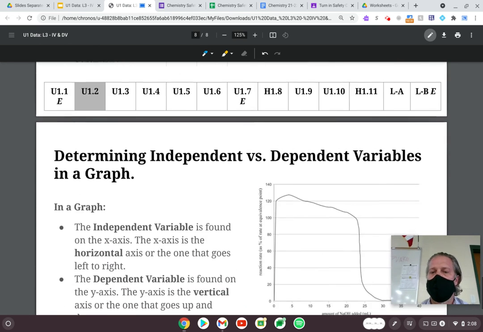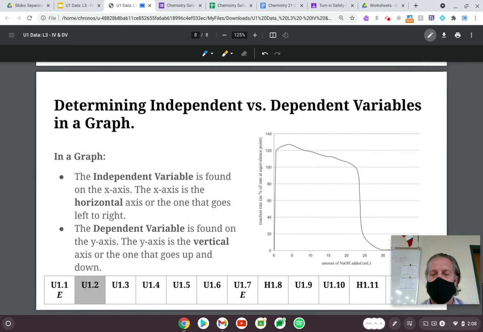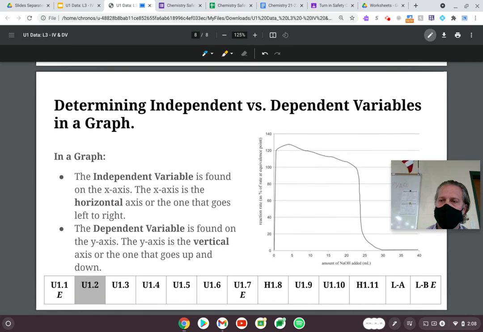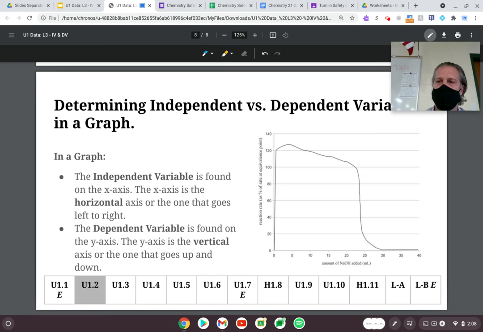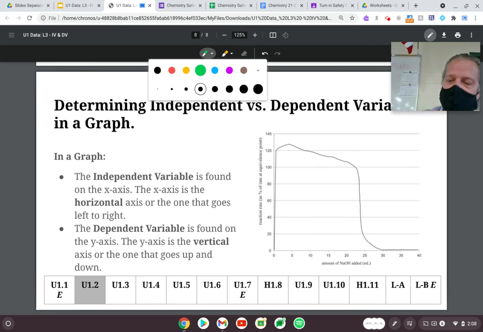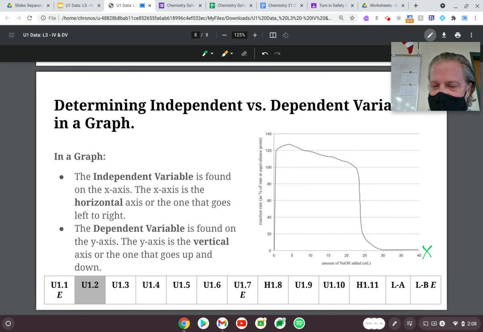Wonderful. Lastly, we have a graph, and we can always determine what the independent variable in the experiment was on a graph because the independent variable is always on the x-axis. So here's my independent variable down here.